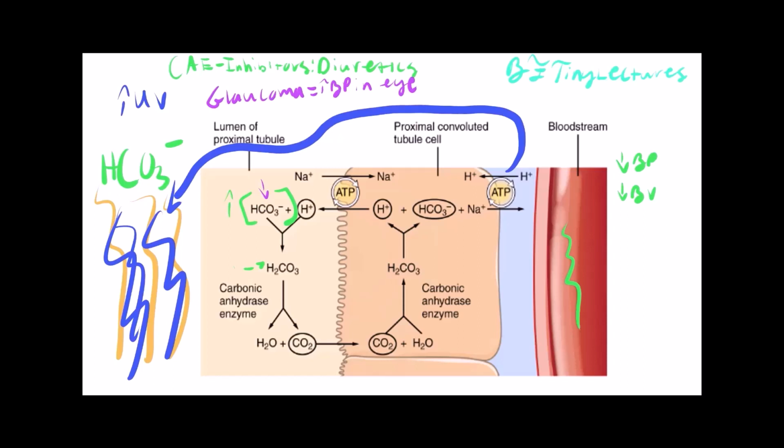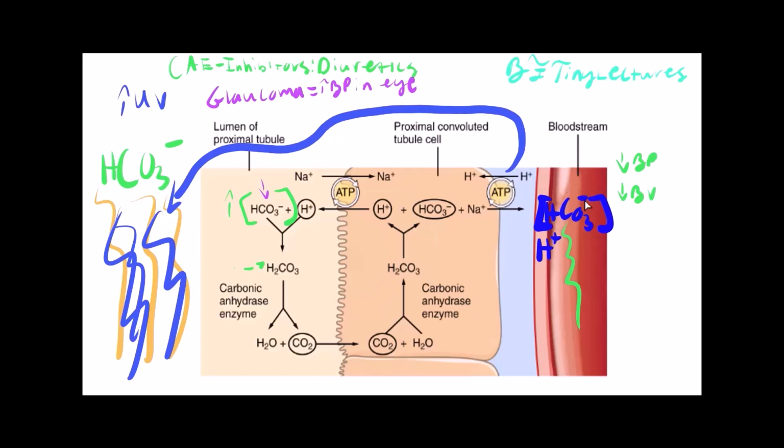Another reason why we might prescribe carbonic anhydrase enzyme inhibitors is because there might be too much bicarbonate concentration in the bloodstream. So when hydrogen combines with bicarbonate, it will increase the pH. So we go from a pH of 7.5 into something that is slightly more basic, like 7.6.